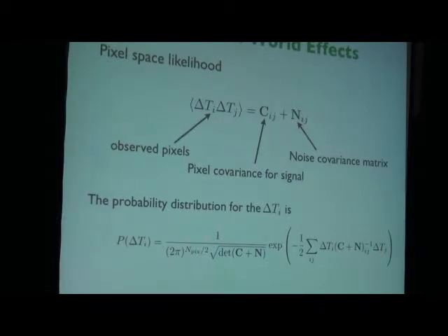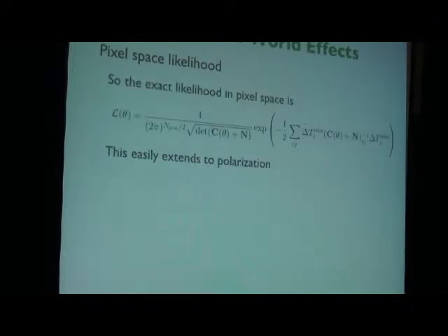So this depends on exactly how you went from the time order data to the maps. The probability distribution that gives rise to this, given that it's Gaussian, is again very easy to write down. So the probability distribution for the temperature fluctuations in the individual pixels is again just a Gaussian probability distribution. And this means that you can write down exact likelihoods in pixel space that take into account all these effects that look like this. And it's clear that this also easily extends to polarization.